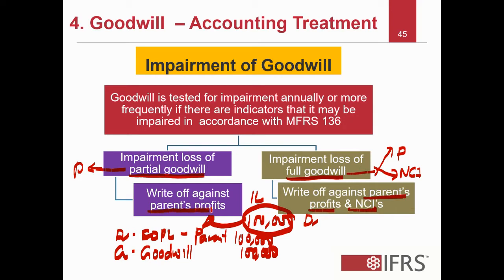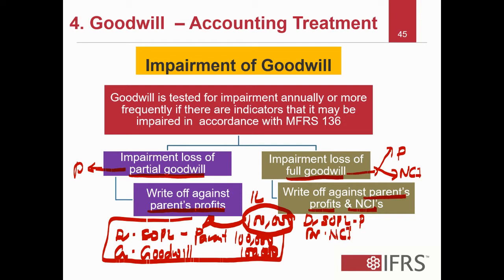Here it says write off against parents' profit. That's why it's here. Therefore, you will debit to the SOPL, statement of profit or loss of the parent, and you also need to debit to the non-controlling interest before you credit the goodwill with 100,000 due to the impairment.